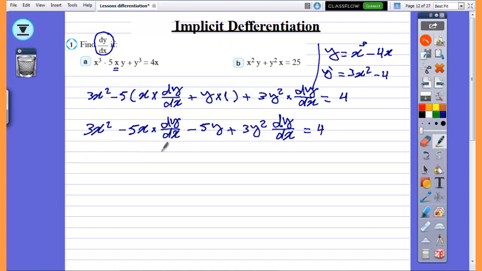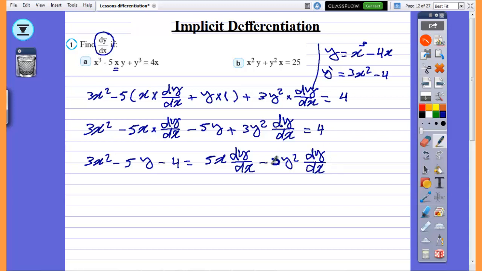Collecting dy dx on the same side, we write 3x square minus 5y minus 4 equals 5x dy dx minus 3y square dy dx.